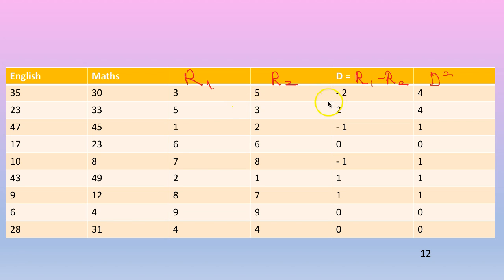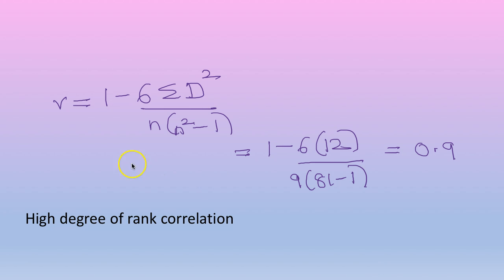So 3 minus 5 is minus 2, 5 minus 3, 2, 1 minus 2 minus 1, 6 minus 6, 0, and so on. We calculate d squared, 4, 4, 1, 0, and so on, and the sum of d squared is 12. So r equal to 1 minus 6 summation d squared by n into n squared minus 1, that is 1 minus 6 into 12 by 9 into 81 minus 1, which is 0.9. So there is a high degree of rank correlation.